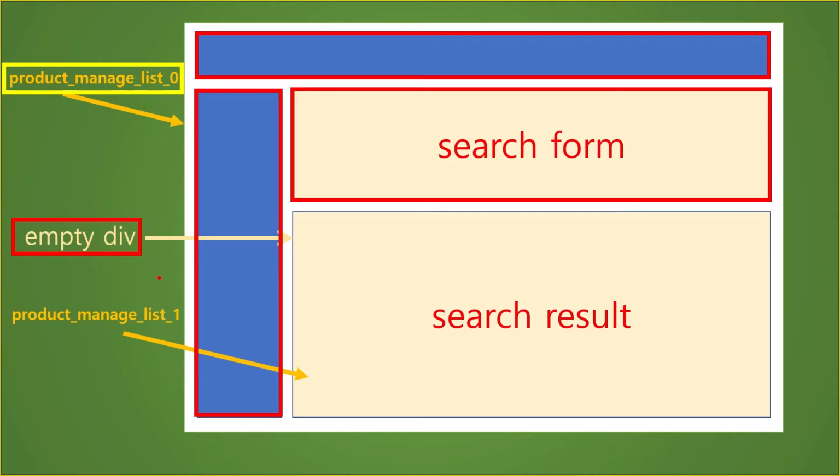In addition to that, Product Managed List 0 has an empty div container for the search result. In Product Managed List 0, the search result is not provided, but only the empty div container is provided.